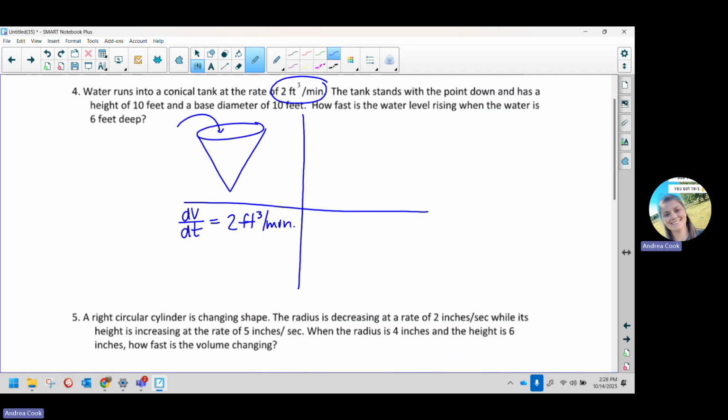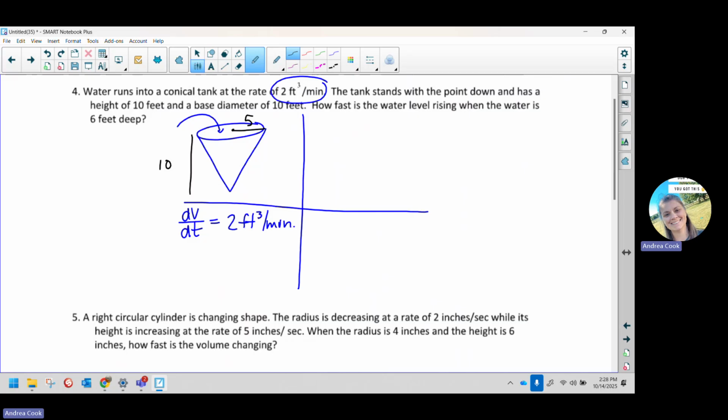The height of the cone is 10 feet and the diameter is 10 feet. So that means the actual tank itself, is that changing size? No. So I can label the outside of my picture. I can label this is 10, and I can label the radius over here is 5.